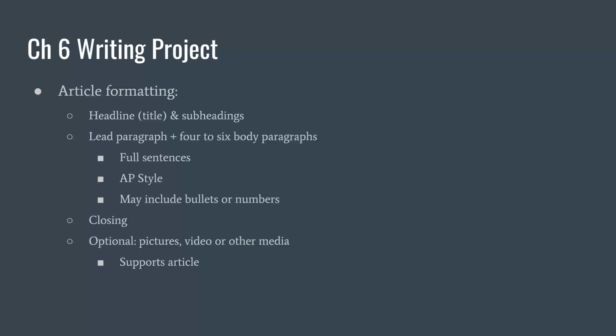I'm looking for full sentences, primarily AP style, and also any bullets or numbering if you need to use it. But in general, remember spelling, grammar, punctuation, and to check your AP style book, see if maybe there's a better way to write your information, something that is closer to the actual AP style.